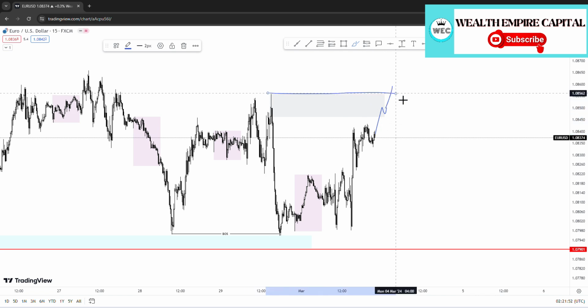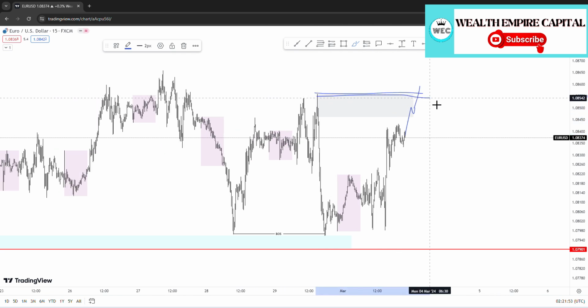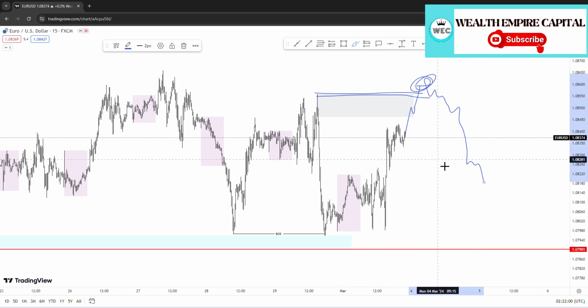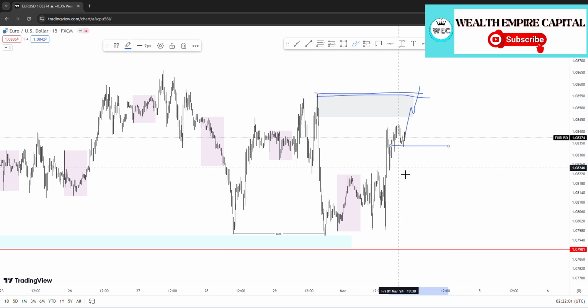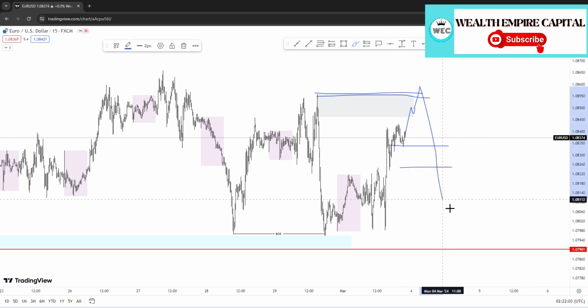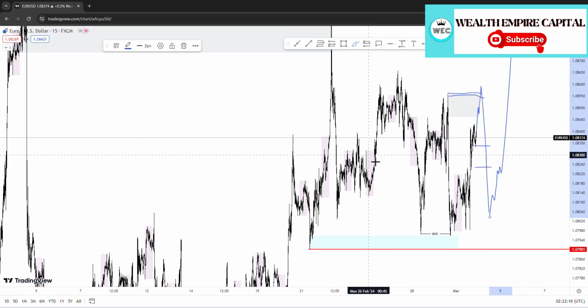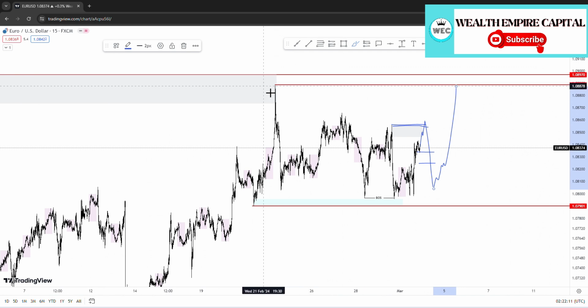The beautiful thing about this is once we break this, we can get a potential counter trend trade from here all the way to the downside, either again respecting this over there, or pulling back down into deeper levels before we make that push to the upside, fulfilling that intraday bullish story.